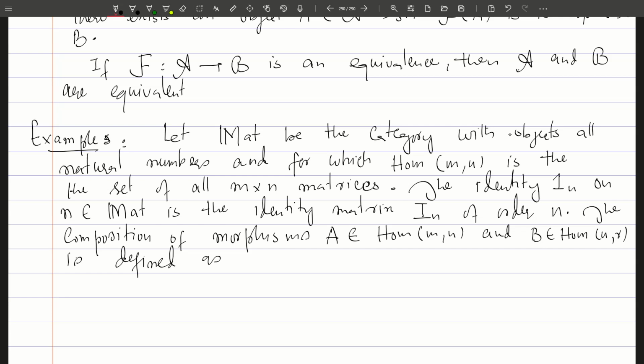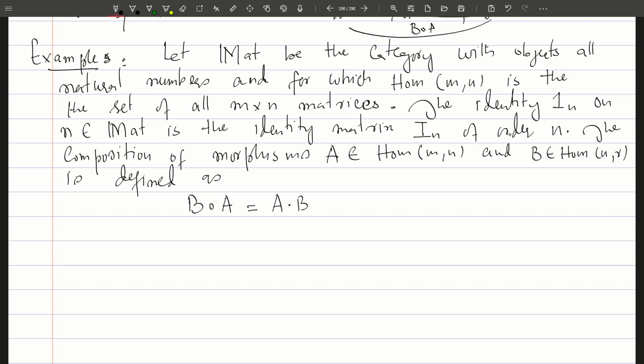B composition A is a map from M to R. This is actually defined as B dot A, where this dot is the product of matrices, because each morphism is actually a matrix. So B dot A denotes the matrix multiplication.